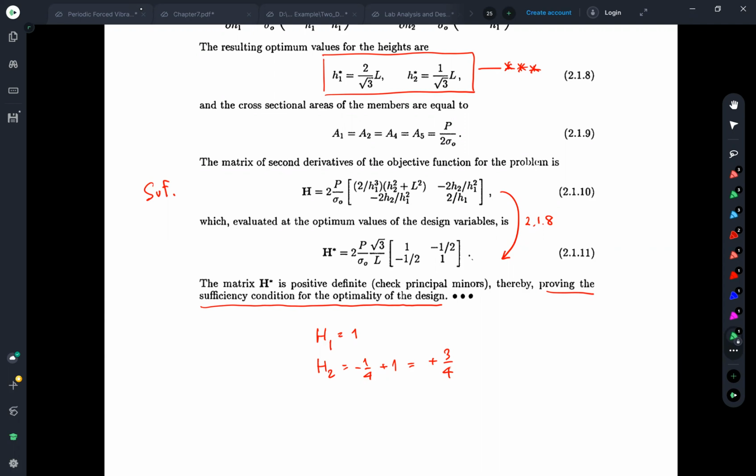With a constant matrix, it's easy to check the principal minors, right? And this one we proved and showed you already, that the leading principal minors are all positive numbers. So our conclusion is just a local minimum.